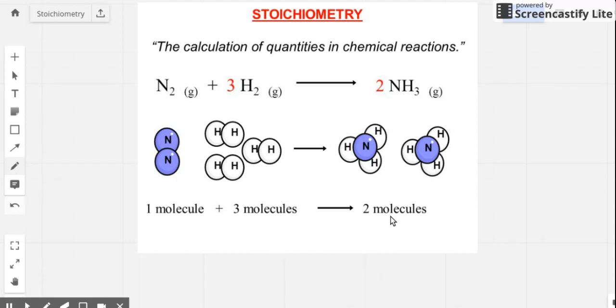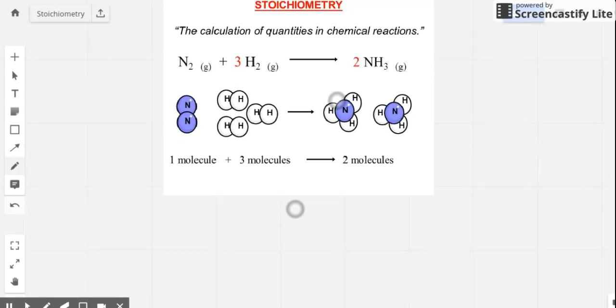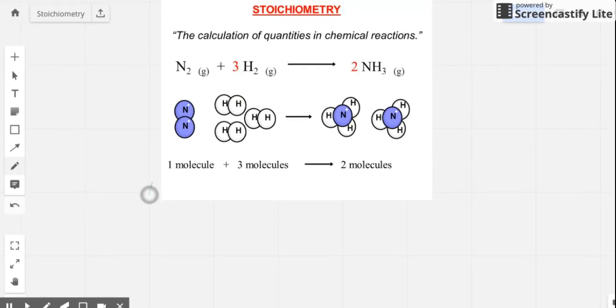And we call that bridge the mole. So what if I say that I would need 1 mole of N2 plus 3 moles of H2 to produce 2 moles of NH3.